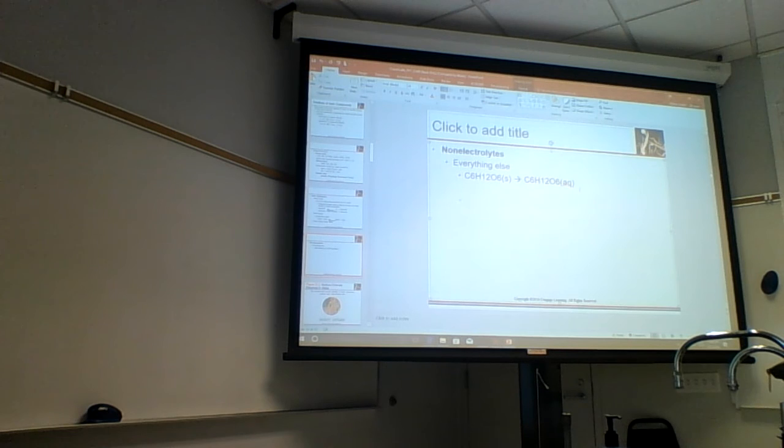Now, I want to note one distinction. For strong bases, we must distinguish between solubility and electrolyte behavior. So, for example, if I had sodium oxide.